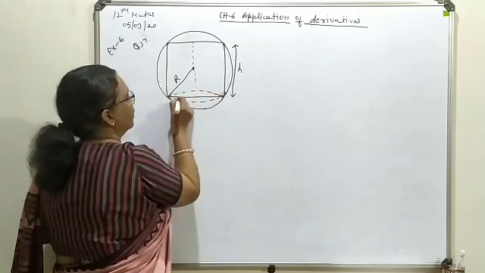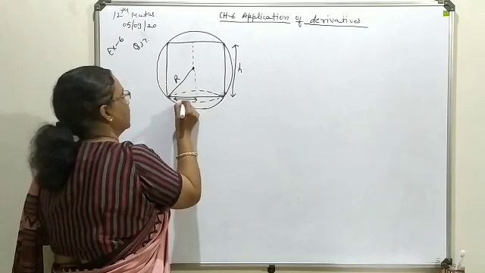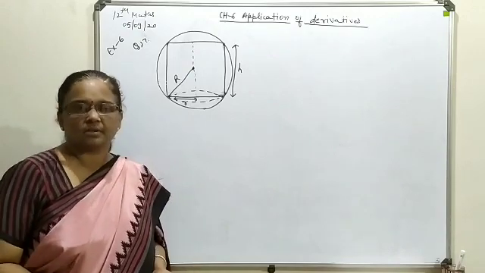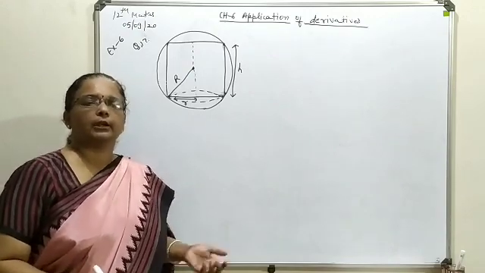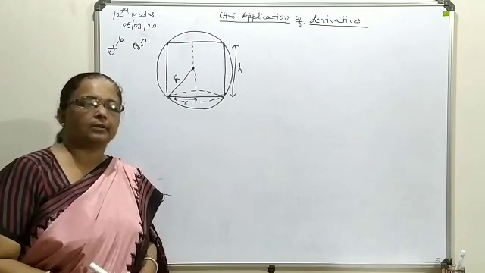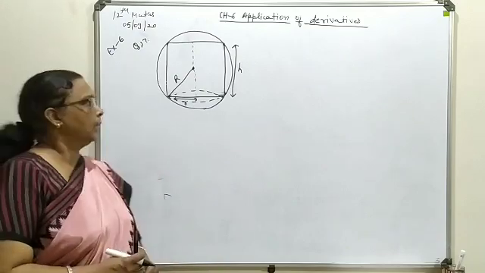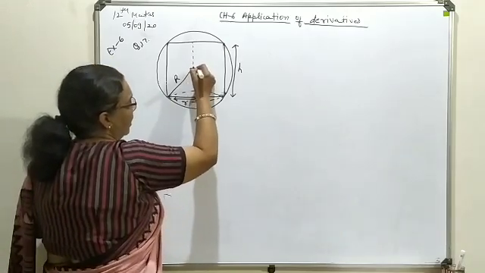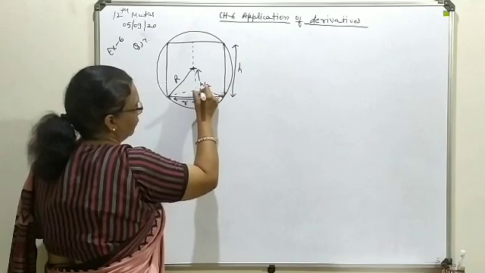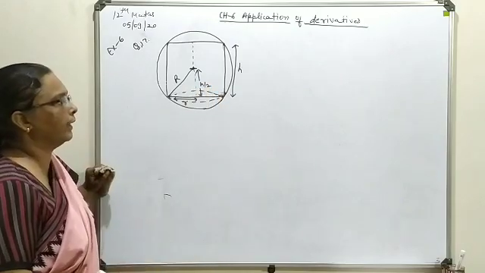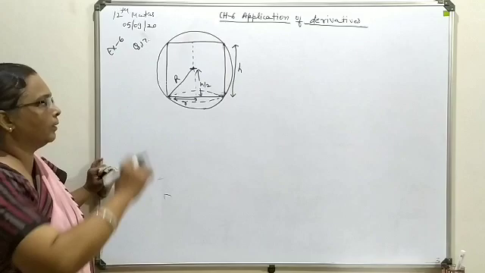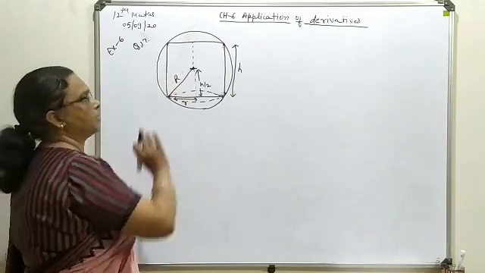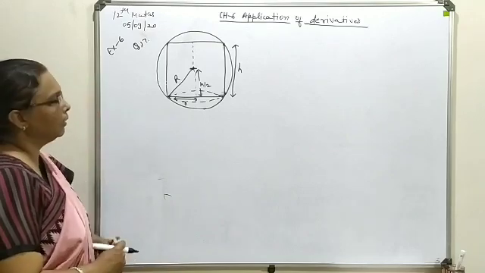The radius of this cylinder, or the base, you can suppose as small r. If capital R is given, the other one you suppose as small r, and vice versa. Now from the basic concept, this height will be half of the height of the total cylinder, because the shape is symmetric.